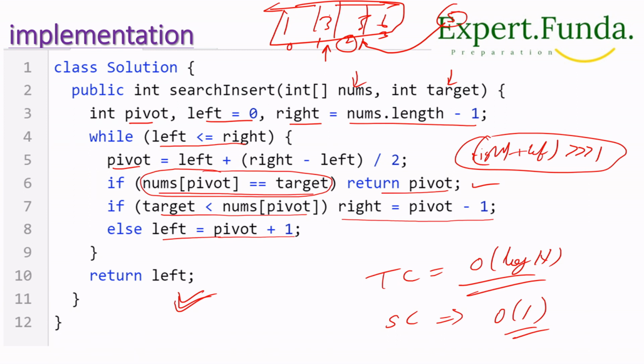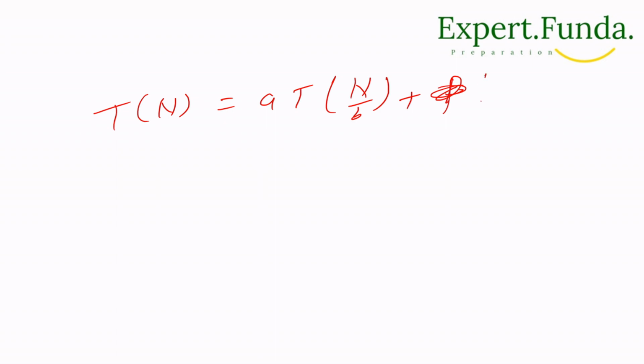Let's compute the time complexity with the help of the master theorem. The master theorem says T(n) = a T(n/b) + Theta(n^d).